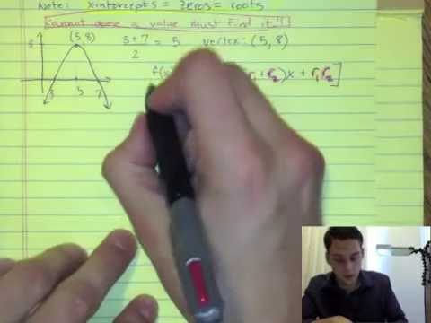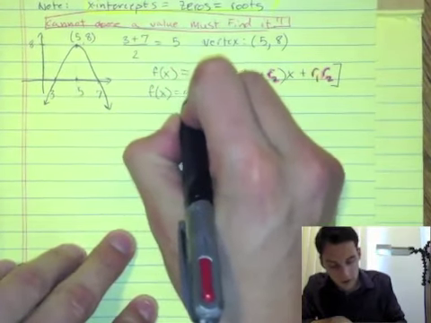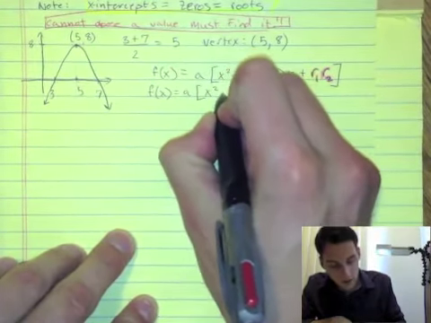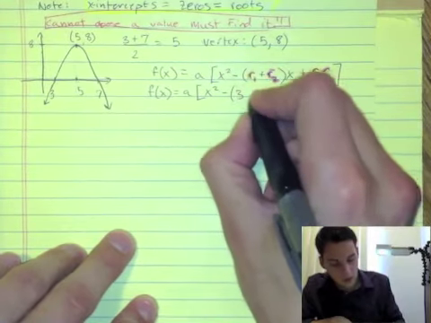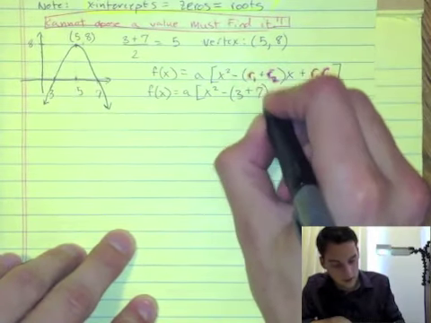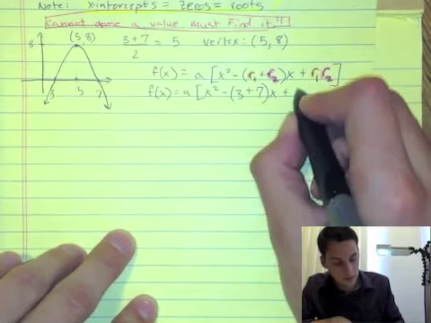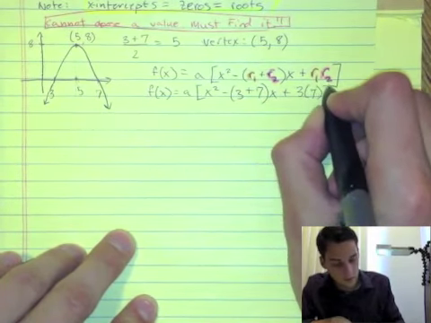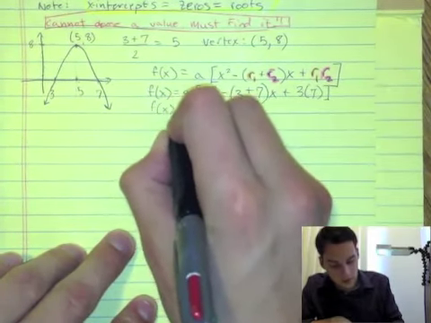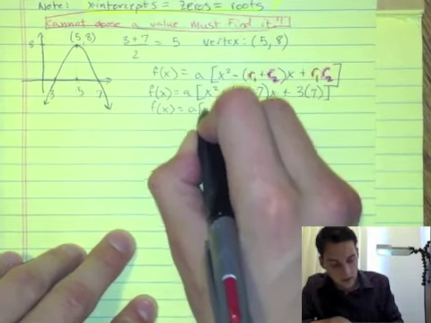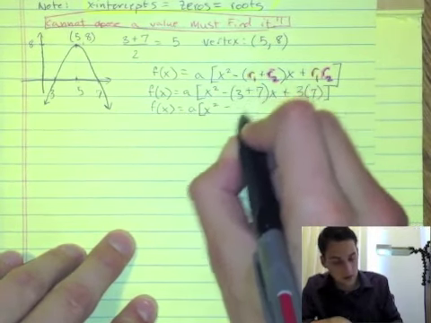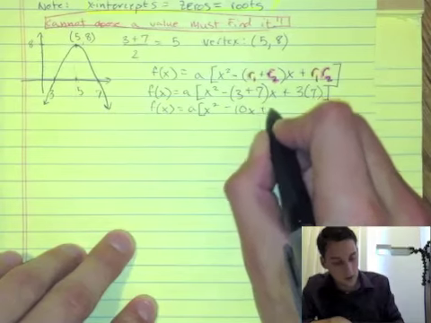Let's plug in r2 and r1. f of x equals a times x squared minus (3 plus 7) times x plus 3 times 7. So f of x equals a times x squared minus 10x plus 21.